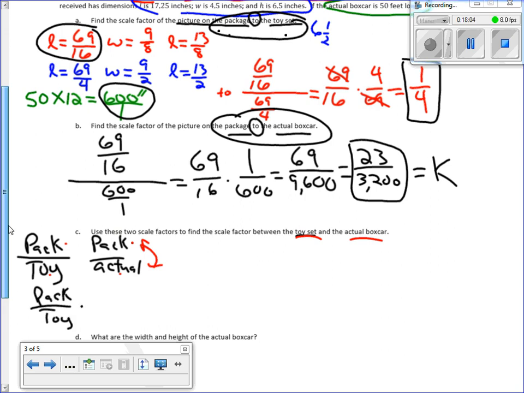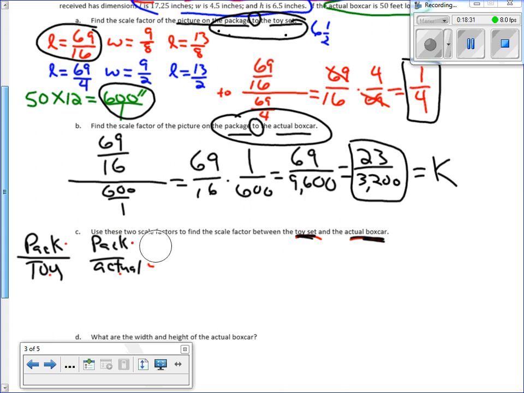So the packages cancel and I get actual over toy. So if I do that, it's backwards. Here's toy set, here's actual. So it depends on which one we flip as well. So that didn't work.